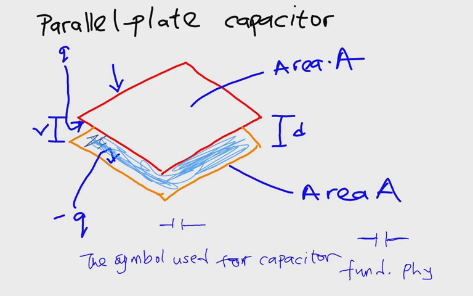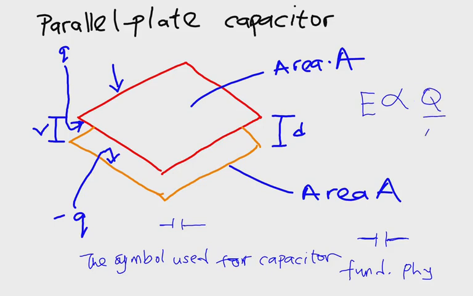So the electric field E is directly proportional to the electric charge Q per unit area, since the charge on each plate distributes itself evenly over the surface that faces the opposite plate.